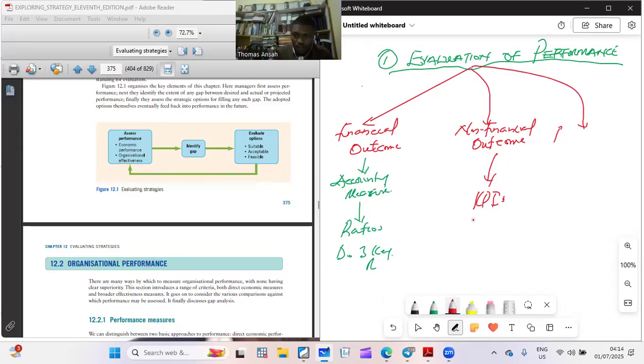KPIs and product-market performance are non-financial. And lastly, we have the financial market measures. So these are the economic evaluations that you are going to make.